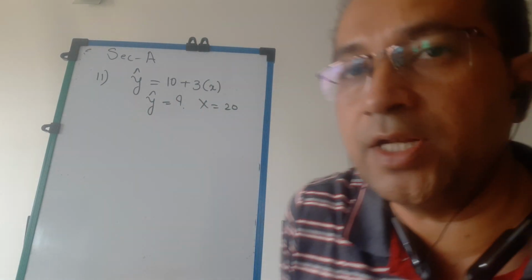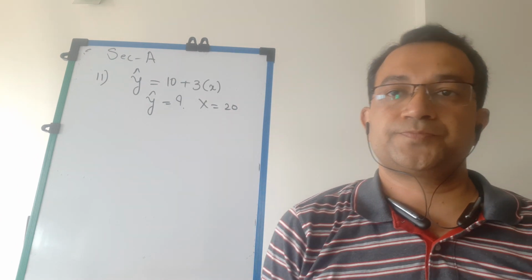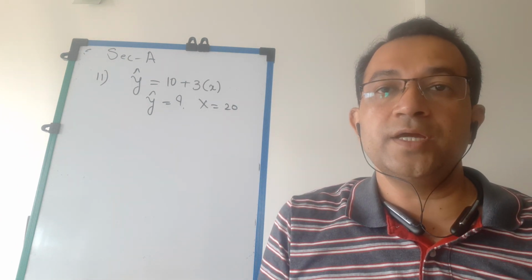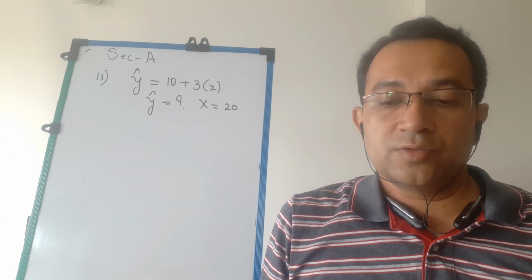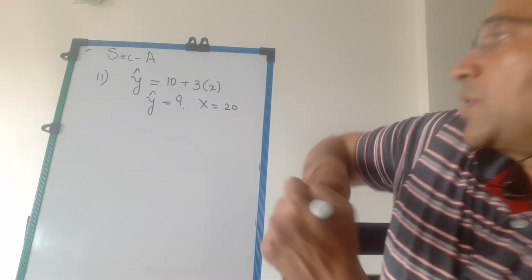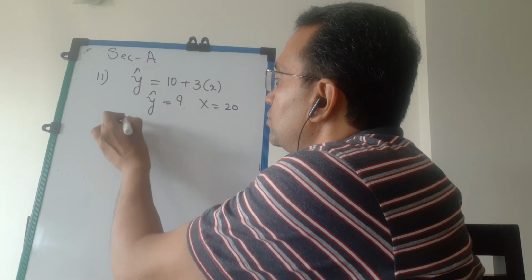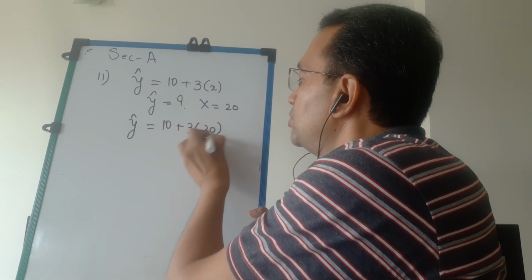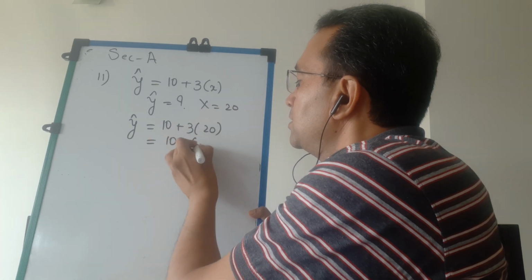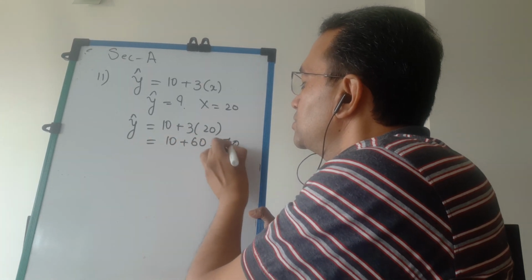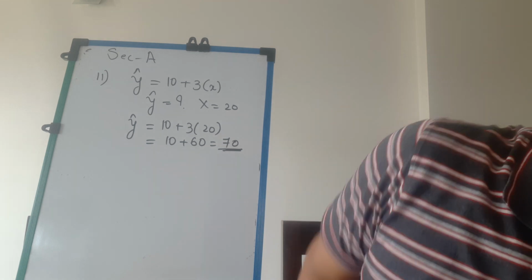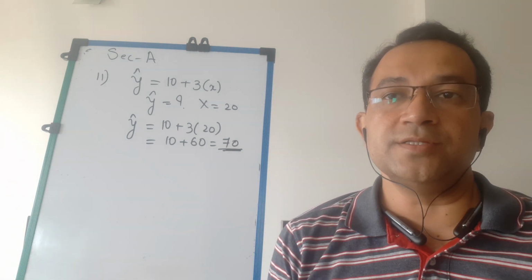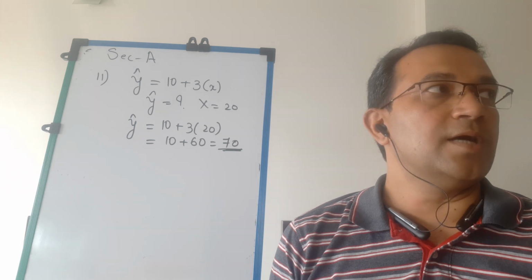In VSQ 11 we have done this. So when x is 20, y cap is equal to 10 plus 3 into 20. So 10 plus 60. So students, the answer is what? 70. Now nothing can be easier than this. The answer is 70.